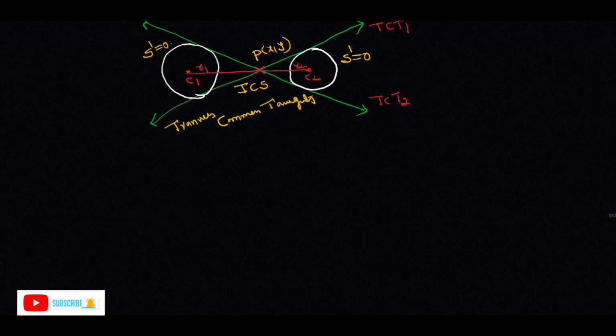Here P divides C1C2 in the ratio m is to n equal to R1 is to R2 internally.